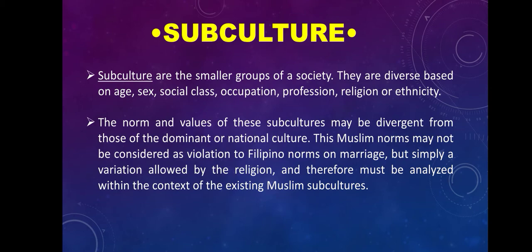So the Muslims are using the polygamy type of wedding where they are able to have many wives as they can, as long as they can provide the daily needs of their wives and their children. These Muslim norms may not be considered as a violation of Filipino norms on marriage, but simply a variation allowed by the religion and therefore must be analyzed within the context of the existing Muslim subcultures.